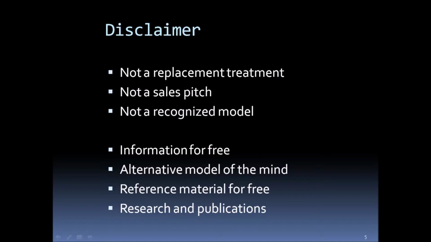However, it's a little bit hard to get detail on it, so just message me if you want more information on this model. I don't have any reference material yet, although I'm thinking there could be some in the future. Research publications will be coming out, as I mentioned in the last two videos, dealing specifically with this approach to transformative change.